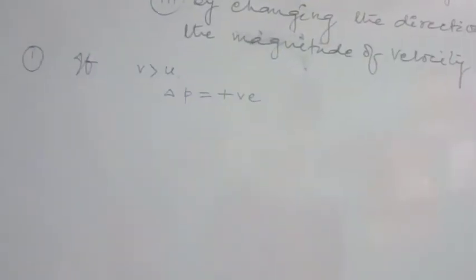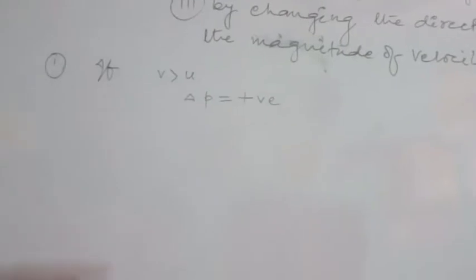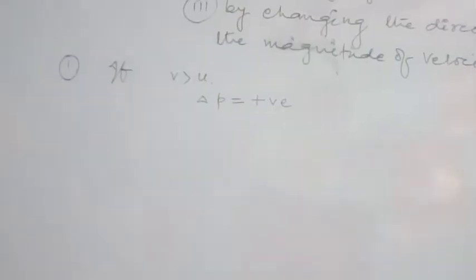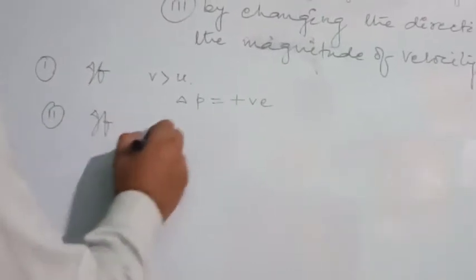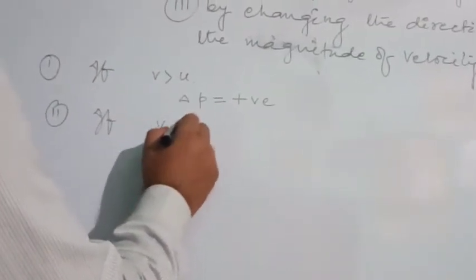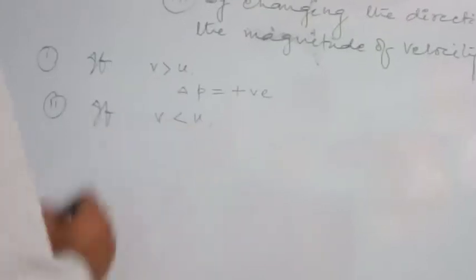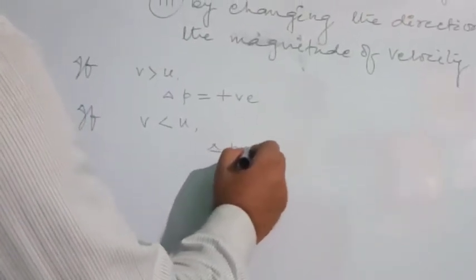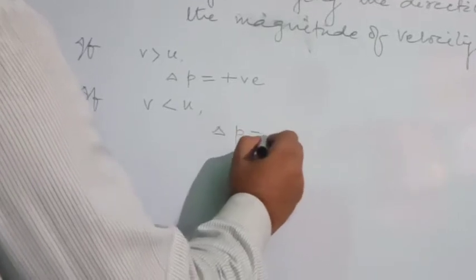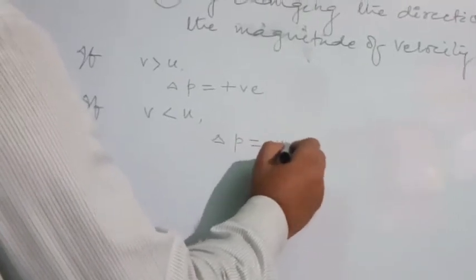If final velocity is less than initial velocity, then the change in momentum is negative.